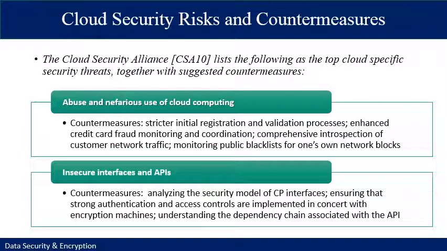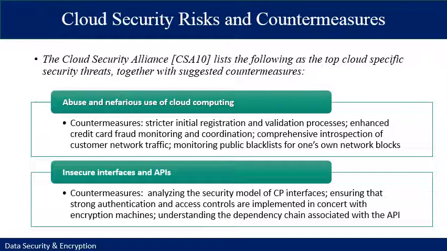The Cloud Security Alliance (CSA) lists the following as the top cloud-specific security threats, together with suggested countermeasures. So the first suggested threat is the abuse and nefarious use of cloud computing.